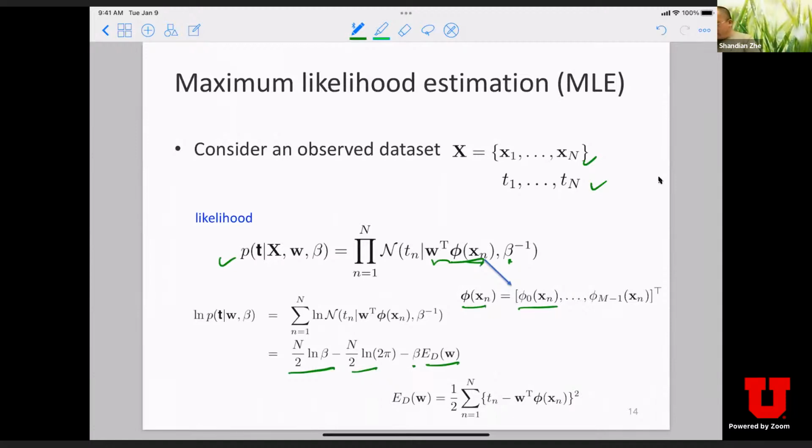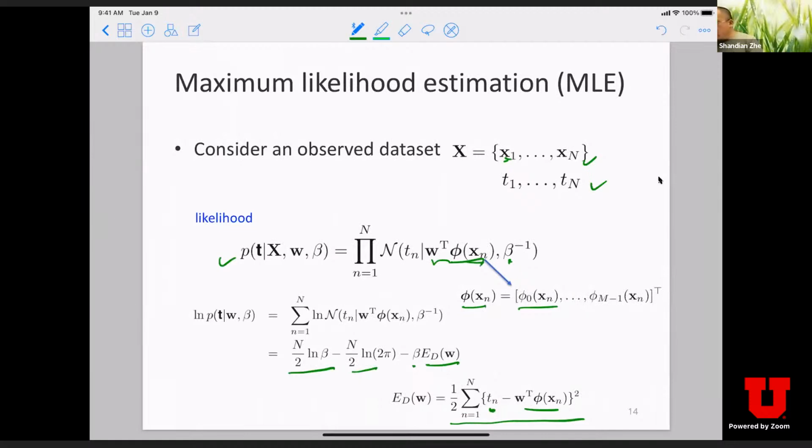The square error is essentially the summation of the square difference between each observation and your prediction, and you take half. x and t: x is the feature vector you observed, and t is your observed output.